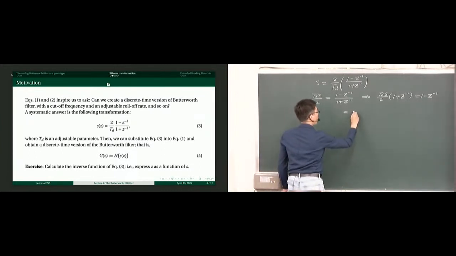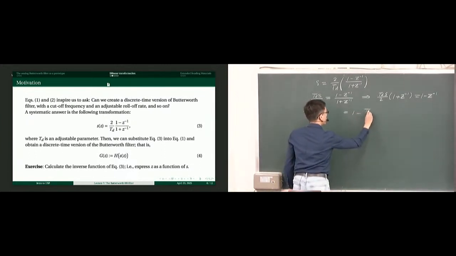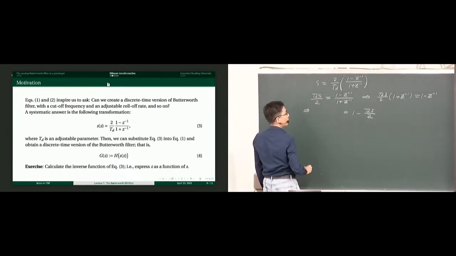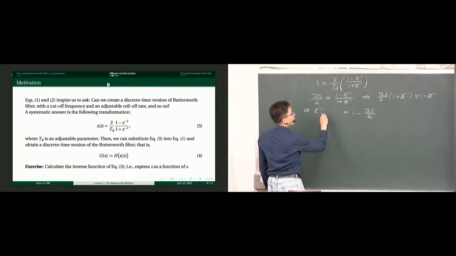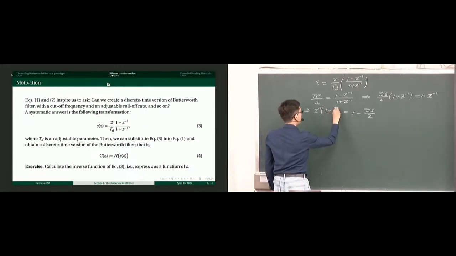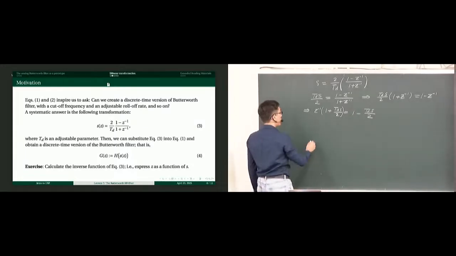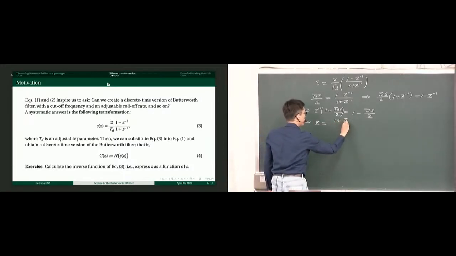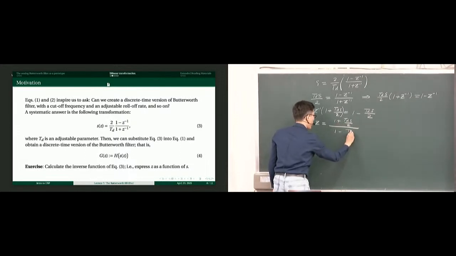Let's move 1 minus TDS divided by 2 to the right, and on the left we have Z inverse times 1 plus TDS divided by 2. So we are almost there. Therefore, Z is 1 plus TDS divided by 2 divided by 1 minus the same thing.